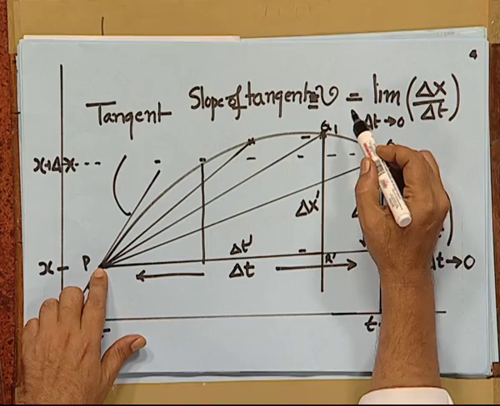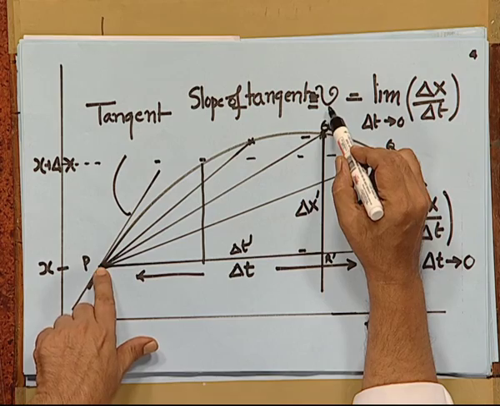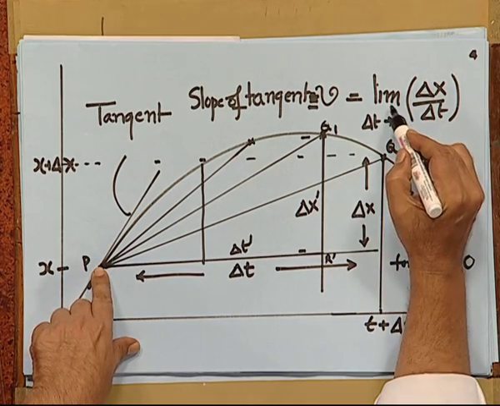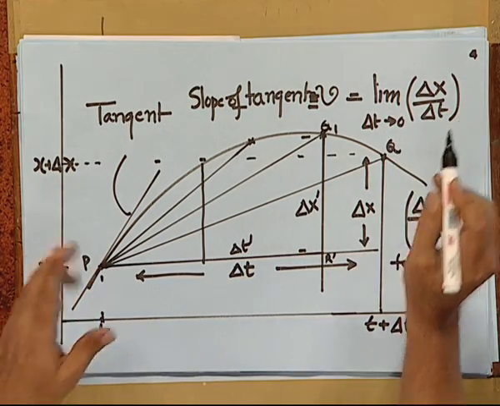The slope of the tangent at point P, that is V, is written as limit of delta x by delta t as delta t tends to 0, and is called the instantaneous velocity at point P. This is instantaneous velocity.